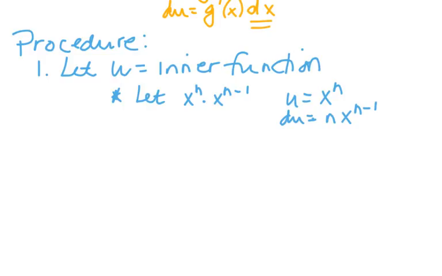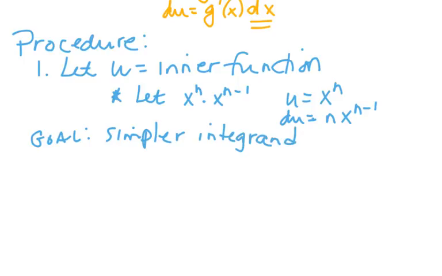You let u equal something, and then try the procedure. If it doesn't work and doesn't get you a simpler integral, the goal here is to get a simpler integral. Let me write that goal down for you. So the goal of substitution is to get a simpler integral from a more complicated one. All right, so that first big step is choosing u.